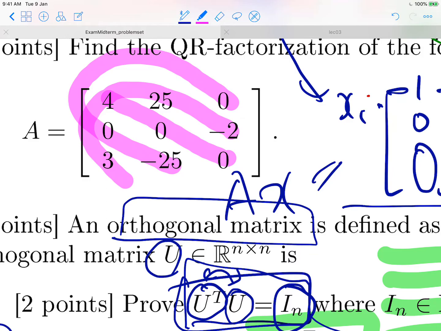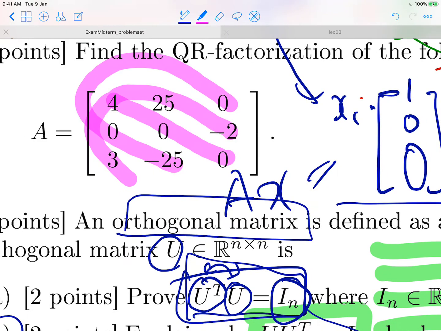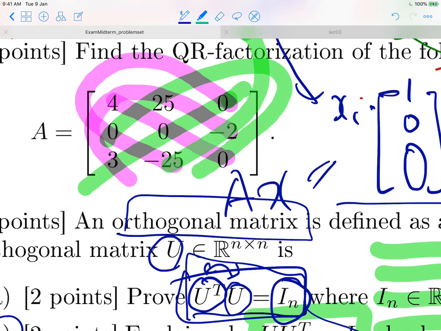Okay, so for each product, we multiply 3 numbers, and only one product of 3 times 25 and -2 will produce a non-zero value, right? And then we subtract from that number the other 3 products of this guy and this guy and this guy, right?